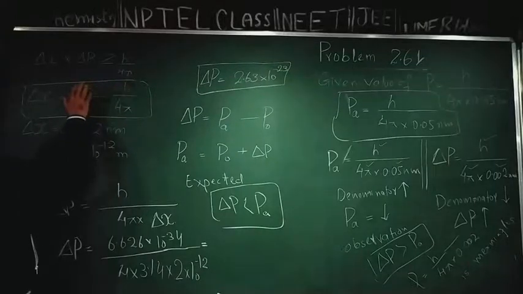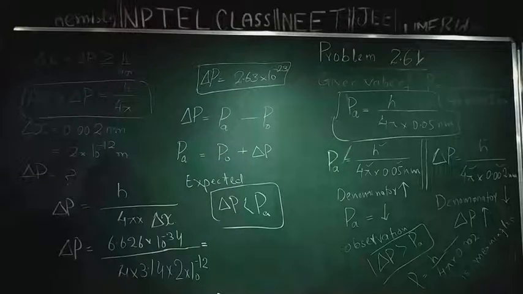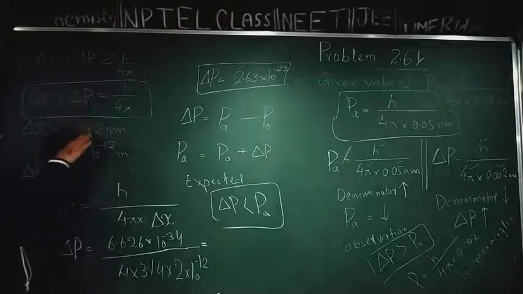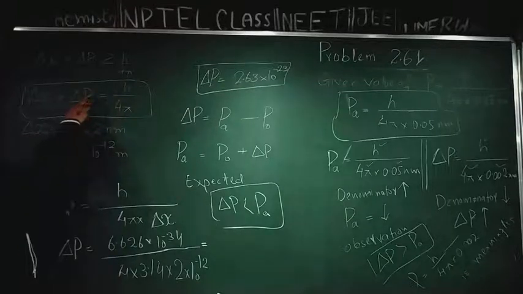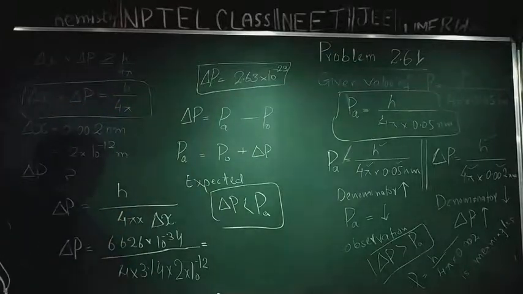It means if uncertainty in momentum is greater, then uncertainty in position will be less, or if uncertainty in momentum is less, then uncertainty in position will be greater. And instead of p, I can write mass and velocity, and the mass I will take here, it will become delta x cross delta v is equal to h by 4 pi m, and using that equation I can come to know the significance of this Heisenberg uncertainty principle.